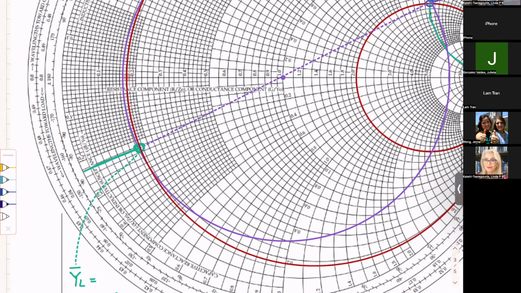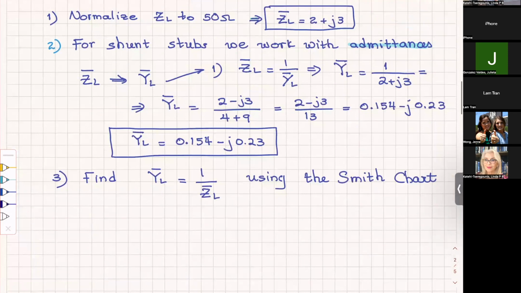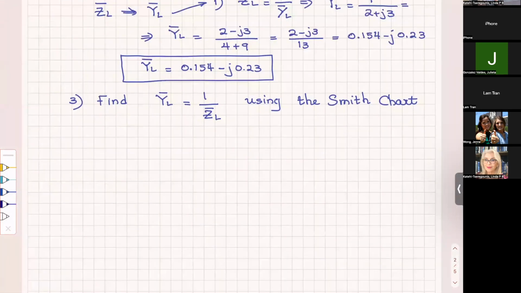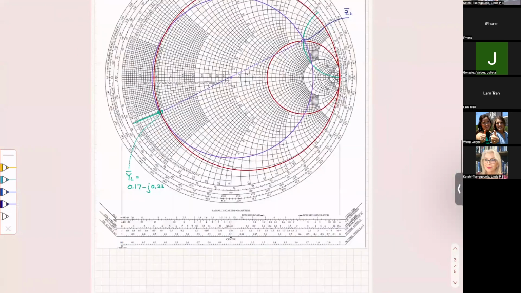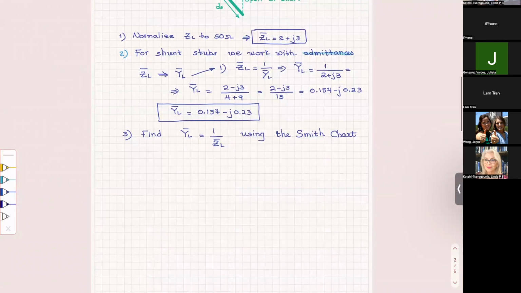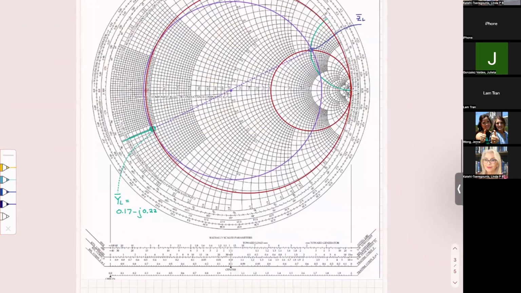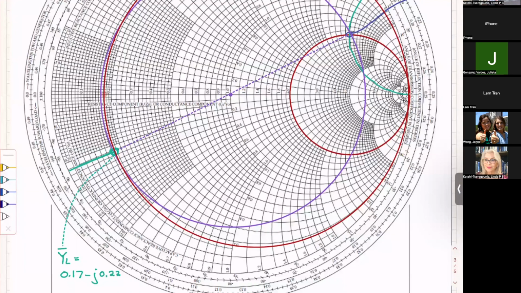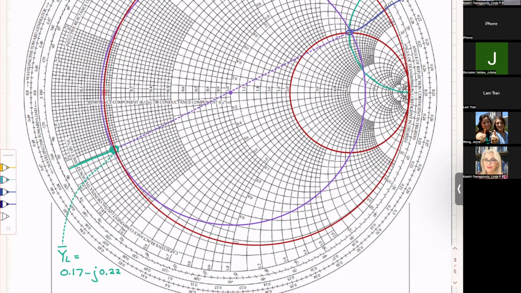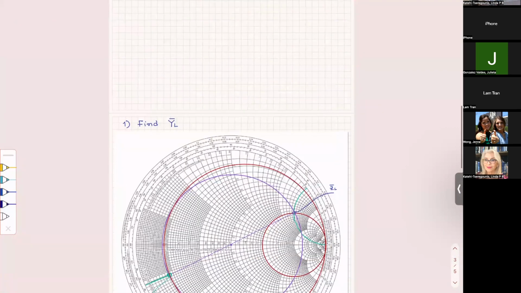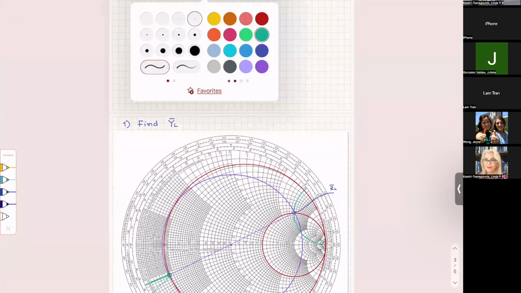Okay, let's see how much we found it. Okay, very close, 0.23 here I found, and the other one I found 0.17, it was 1.54. I guess I did not read it very carefully, or the point that I put is not very carefully placed, but that's how you find approximately the normalized admittance. So using the Smith chart.